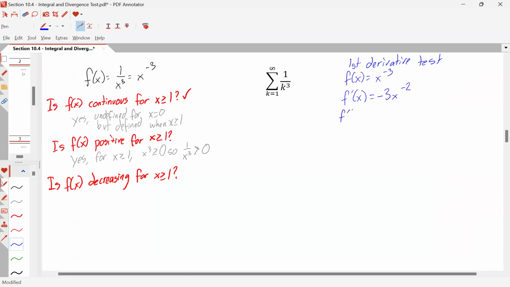F prime of x has a critical point when it's undefined or when it equals 0. The derivative is undefined at x equals 0. That is the only place it's undefined, and it is not 0. The derivative is not 0 anywhere.